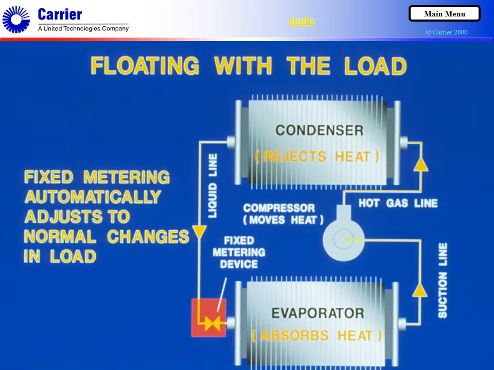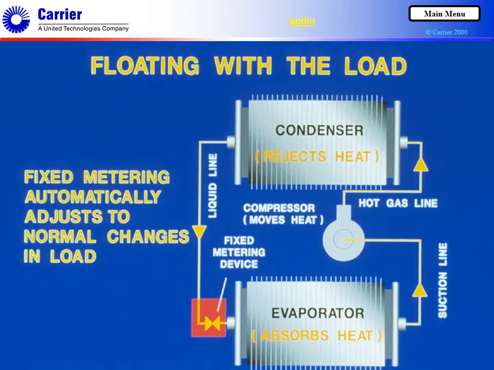For the average comfort air conditioning system of around 3 tons cooling capacity or less, the entire system floats with the load well enough to operate in a stable manner without the need for sophisticated capacity control devices at the compressor, condenser, metering device, or evaporator.